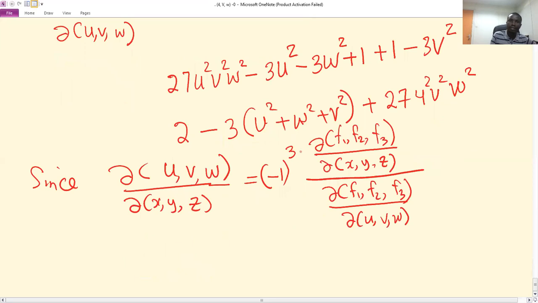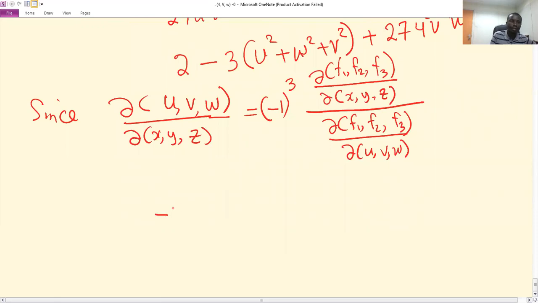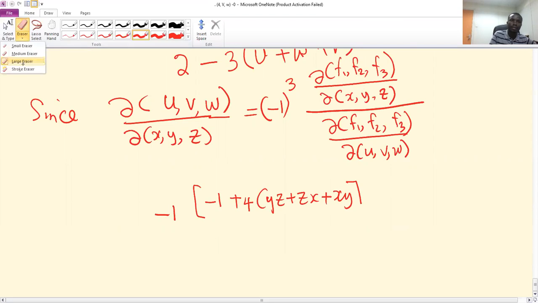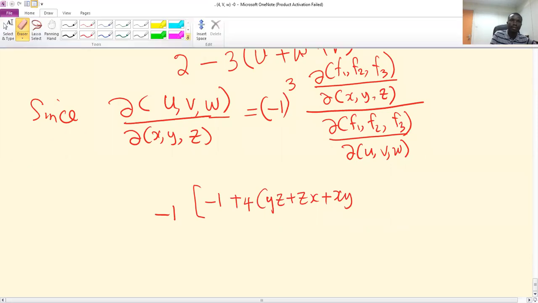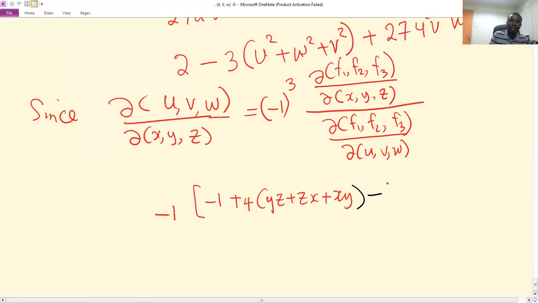Now, with what we have, this is the denominator, and then we had the numerator. And this one, remember, is -1. So we have -1 times -1 plus 4 into yz plus zx plus xy, and then minus 16xyz, divided by this one.